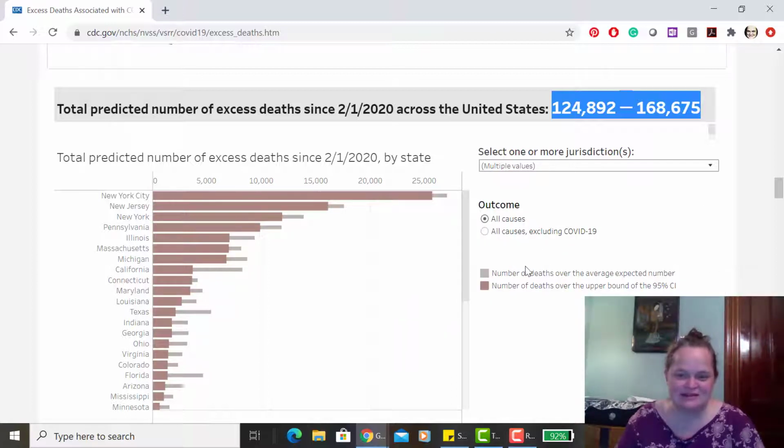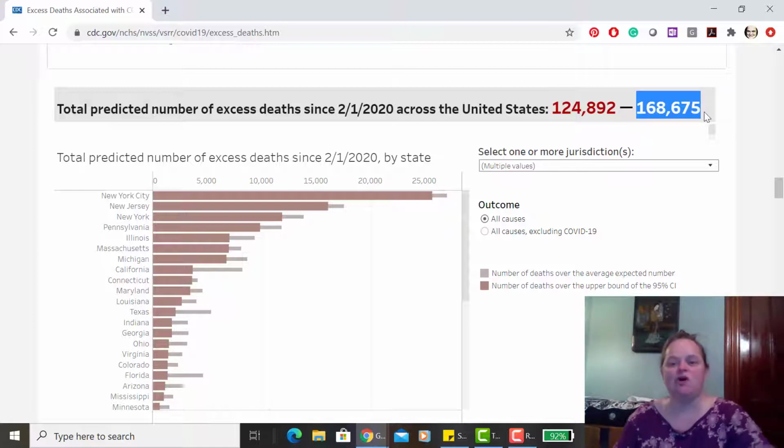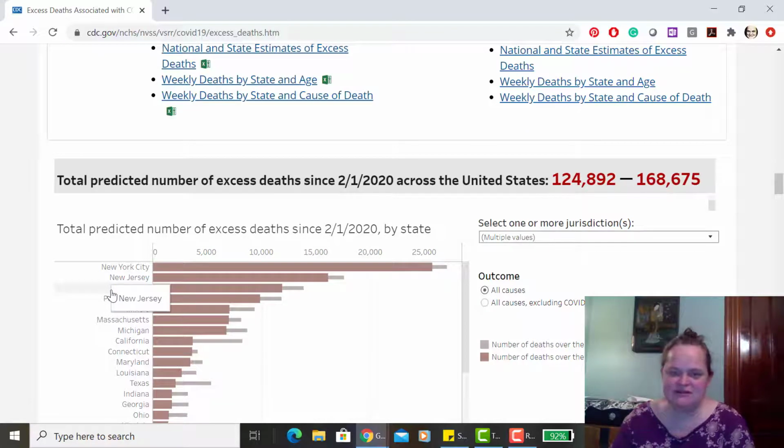And then number of deaths over the average expected number, which of course is going to be a bigger number. And so that's why you have a range. You have the amount from comparing it against the 95th percentile, and then there's the amount compared against the expected value. This gives you an idea of where we've really seen the COVID deaths.